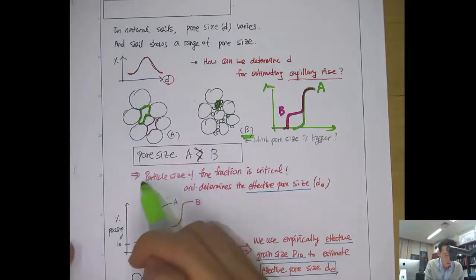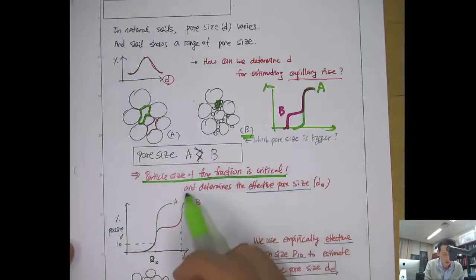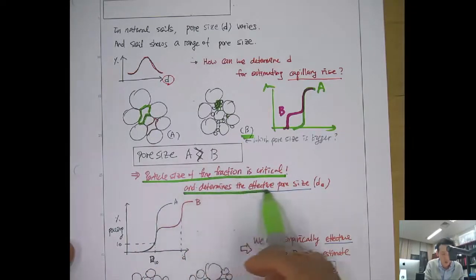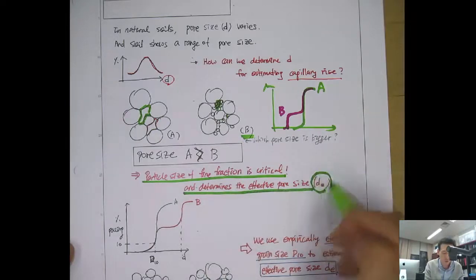So the fine fraction is critical, and it determines the effective pore size, which is dE.